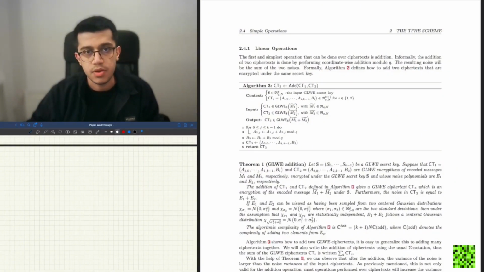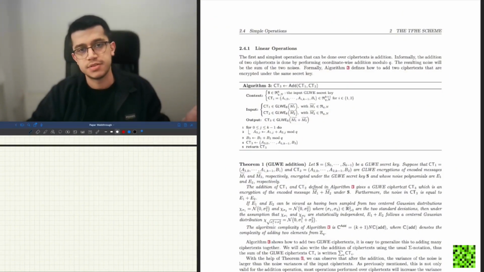This algorithm 3 simply takes two inputs, because the index set consists only of 1 and 2. In the input section we clearly see we have two ciphertexts, CT1 and CT2. They are both GLWE ciphertexts of plaintexts M1 and M2 respectively, and we're going to have as output another ciphertext CT3 that is supposed to be the GLWE encryption of M1 plus M2.